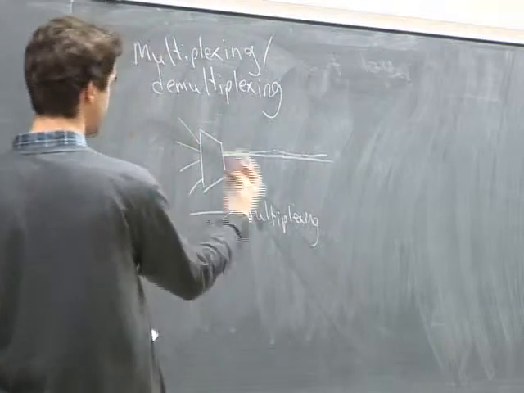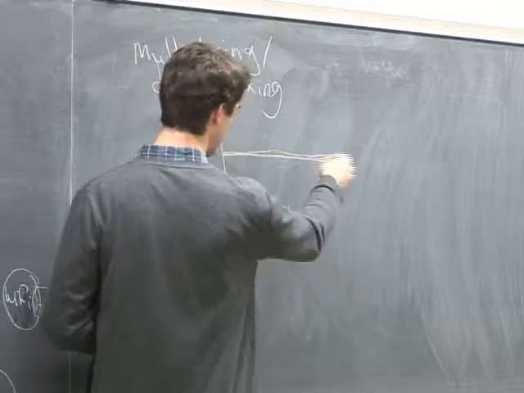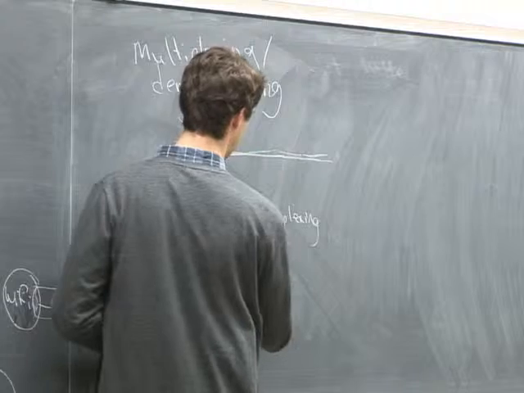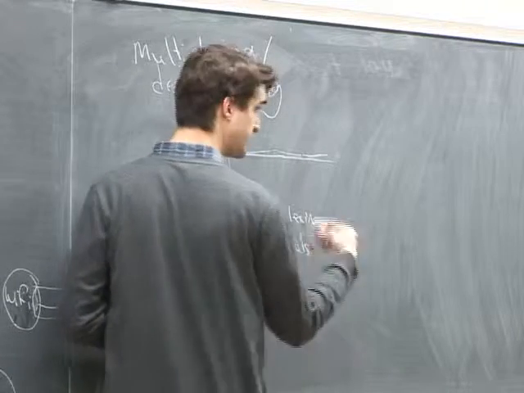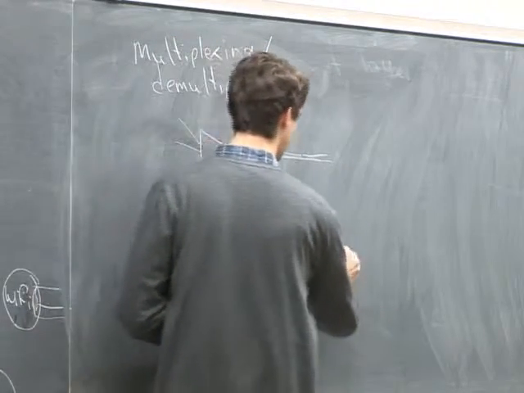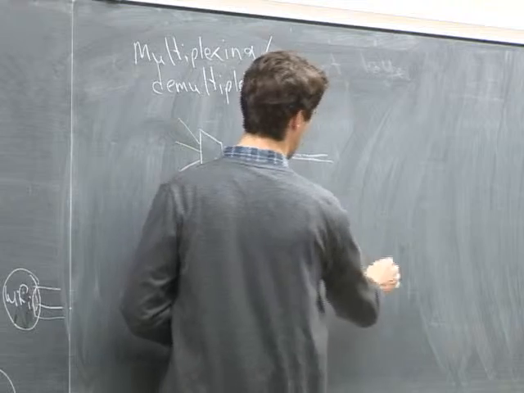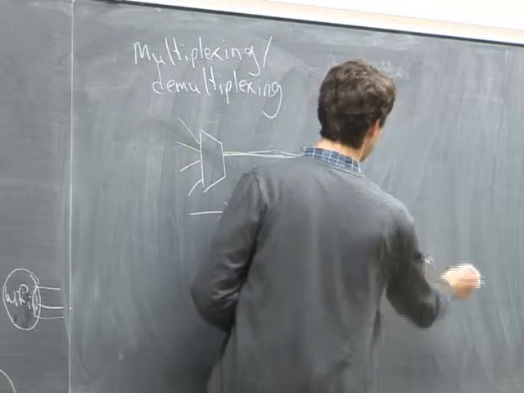In multiplexing, you take many signals, or transmissions, and place them onto one medium, one channel.